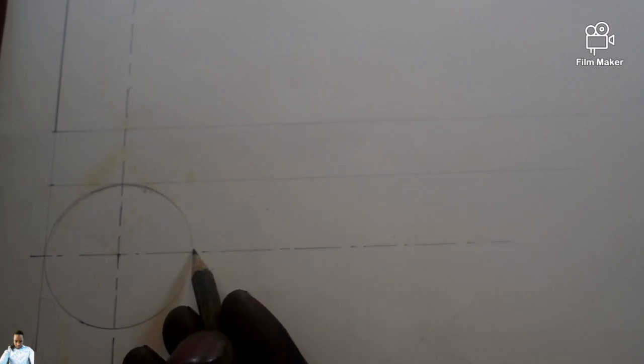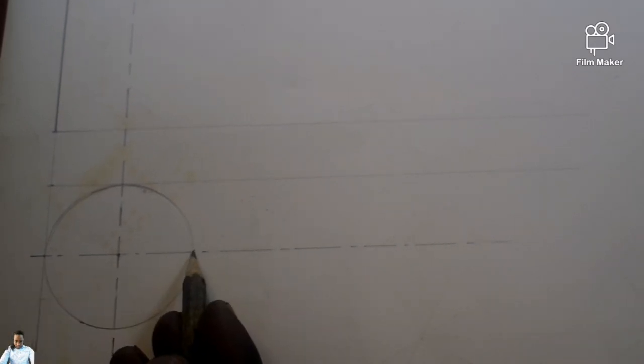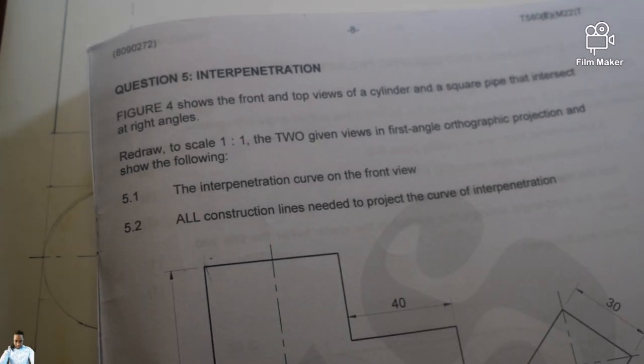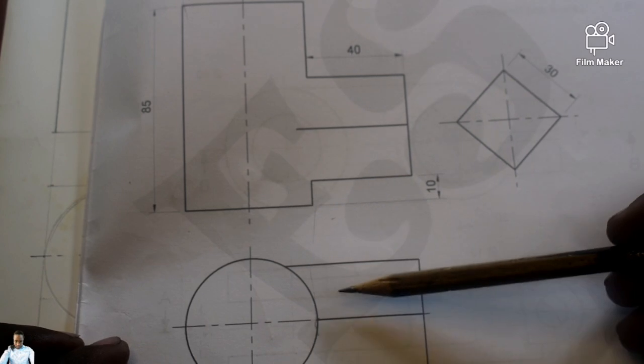Now I can take this point, because from here till there is 50 millimeter, and project it up faint as well. That is going to give me this one, from here till there. Understand?